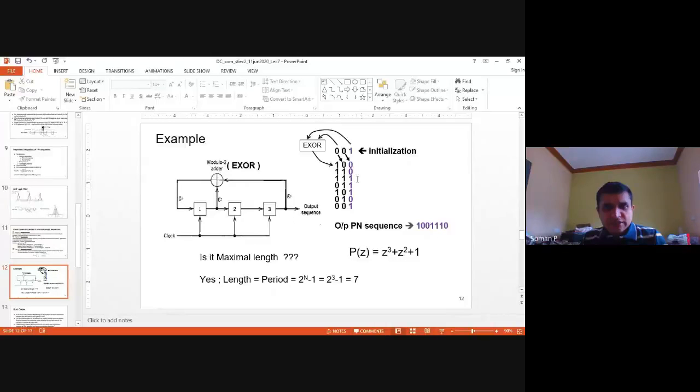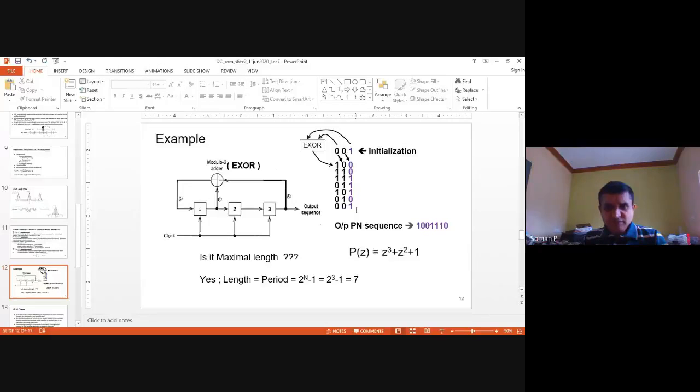Now the present data is 100. Now you will XOR this and this. So the XOR of that is 1. So the next bit will become 1, and this previous one has come here, and this 0 has come here. Like that, you have to find out the total sequence, and finally you will come to know that after n period, that is after the 7th clock, you will again reach the same initialized value.